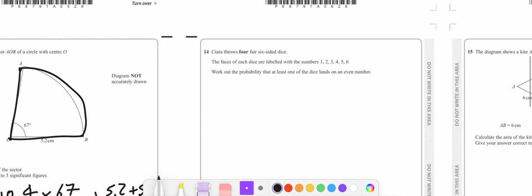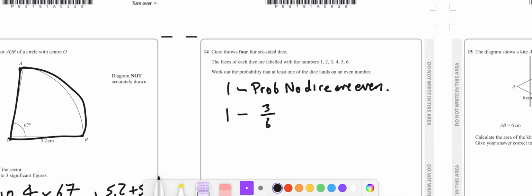So I think probably the easiest way, at least one of the dice, is 1 minus the probability that no dice are even. So the probability that they're all odd. So that's 1 minus, to be odd, is 1, 2, 3 out of 6. But it's all 4 of them, so to the power of 4.